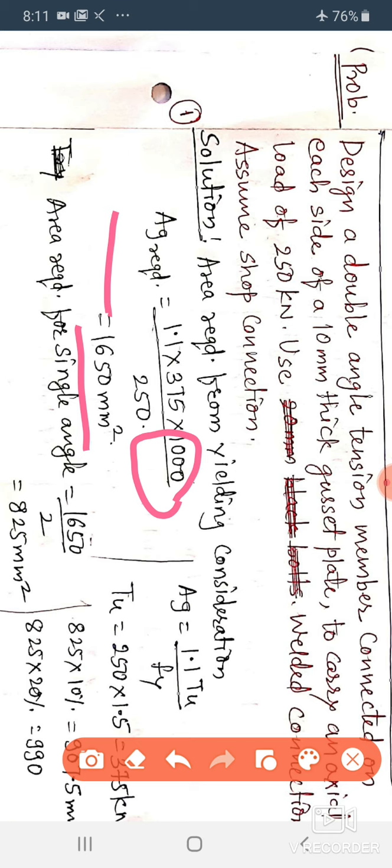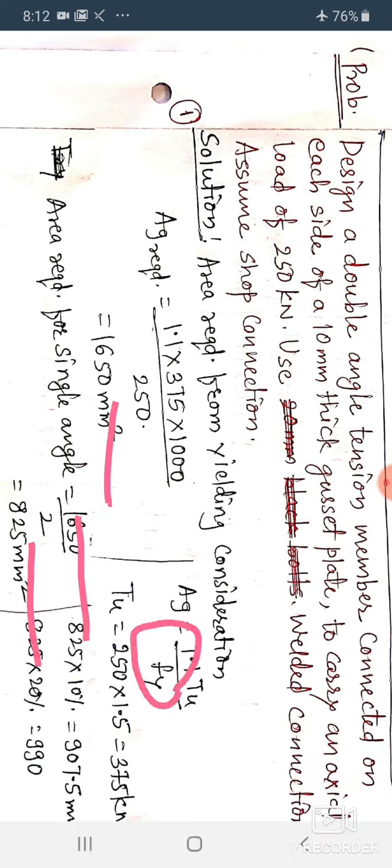Now the given load of 250 kilonewton is for the double angle. So a single angle will be carrying half of it. So whatever the area required, we will be designing the section as single angle, and whatever the checks or the area, we will just multiply it by 2. So area required for single angle is 1650 divided by 2.